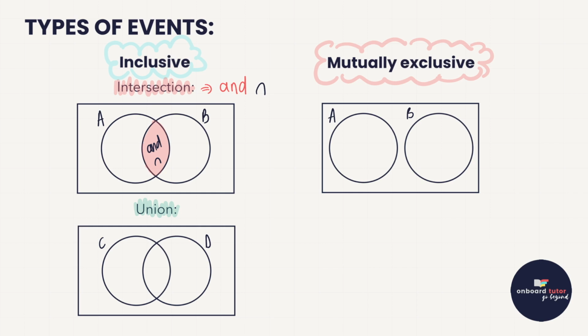That's not always common, but it is helpful to just know all the different options in case it does come your way. Then we get the union, and the terminology they use for the union is or. So intersection is and, union is or. And if I say to you, all right, it needs to belong to either C or D, then that means it can belong to C, it can belong to D, or it can belong to C and D. So this union is a much bigger spread of the data, or at least of the elements, and so there's probably a higher probability than finding something in the intersection.